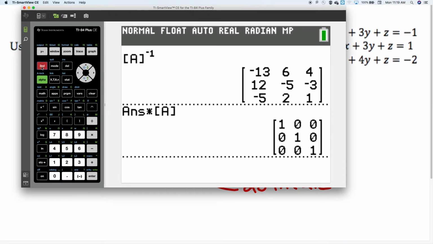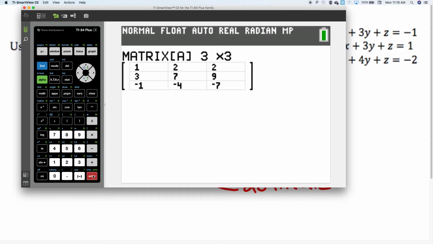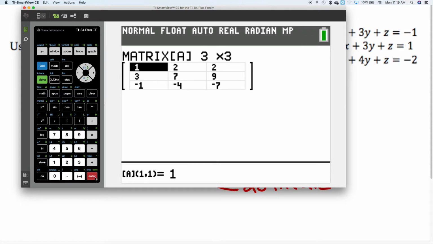So second matrix, I'm going to edit A. And I'm going to put in those coefficients to the 3 by 3. So 2, 3, 1, 3, 3, 1, 2, 4, 1.